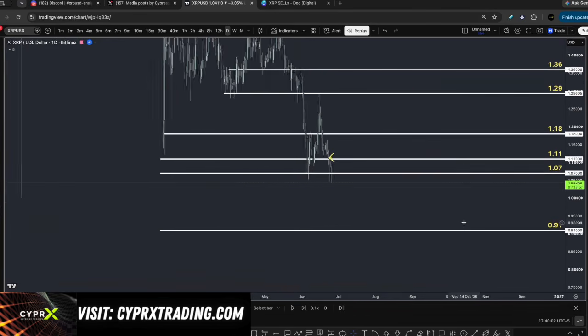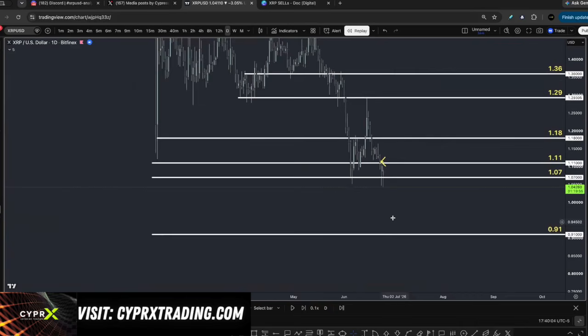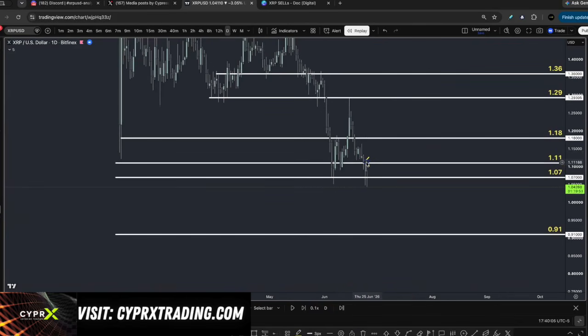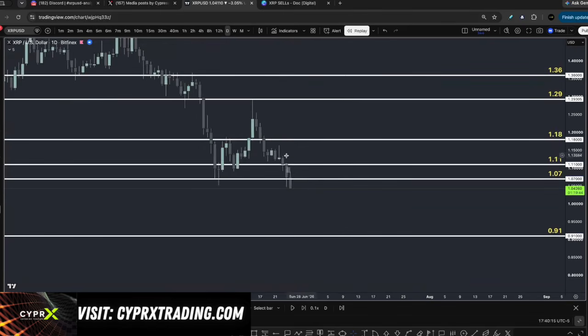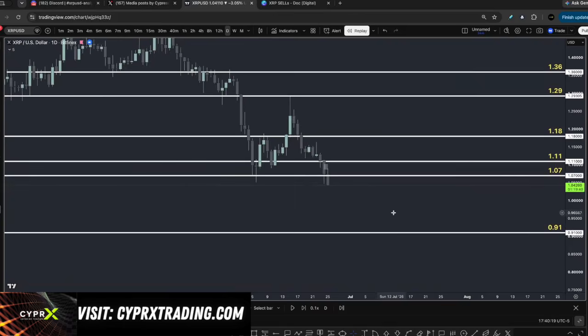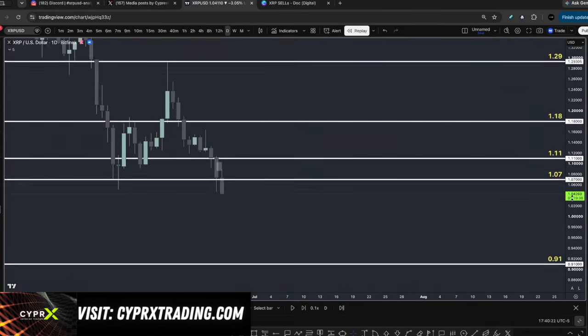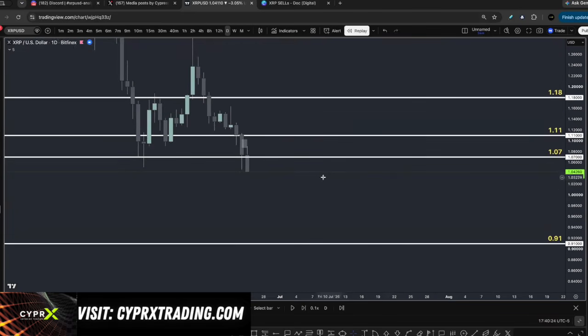All right, so in my personal opinion, now that we have seen $1.07 taken out, I firmly believe that we're only going to see this accelerate over the next, let's say, 24 to 72 hours. I wouldn't be surprised if coming into next week, we see an XRP trade below $1. This is where our current XRP price is trading at now, at about $1.04.